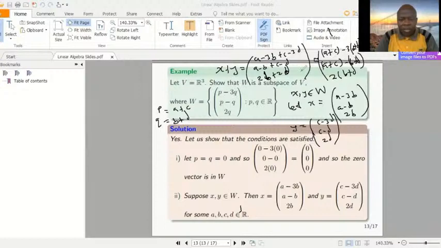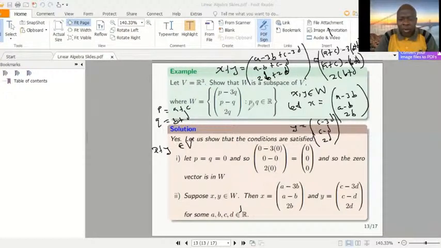So what I have here is p minus 3q, here p minus q, and here 2 times q. So this vector is in the format that is needed, and therefore the sum of x plus y is in W. That's why I do it, to show that it's closed under addition.